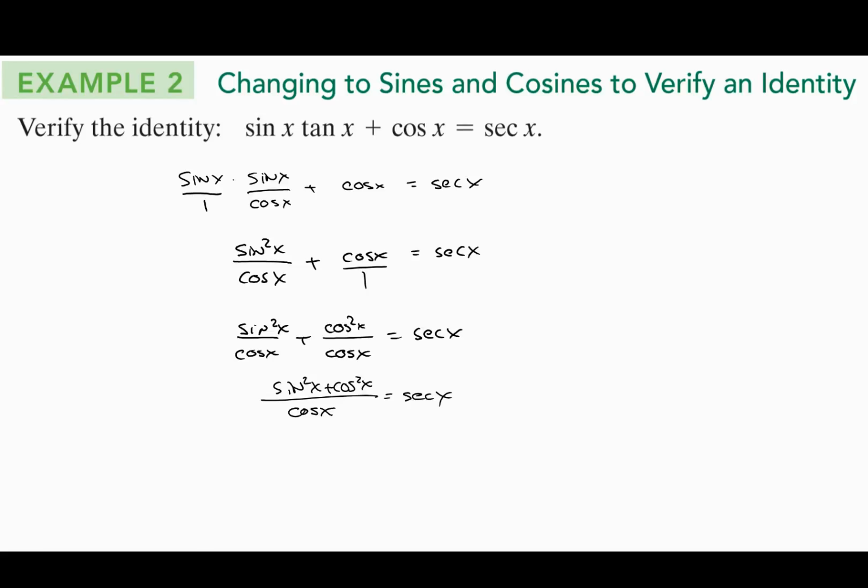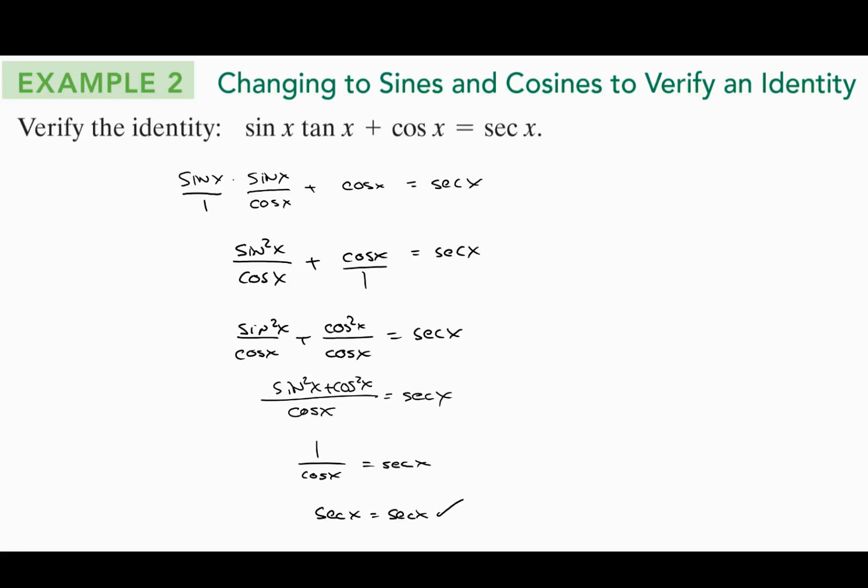When you add them together, you get 1. And 1 over the cosine, by definition, is the secant. So this is a verified identity.